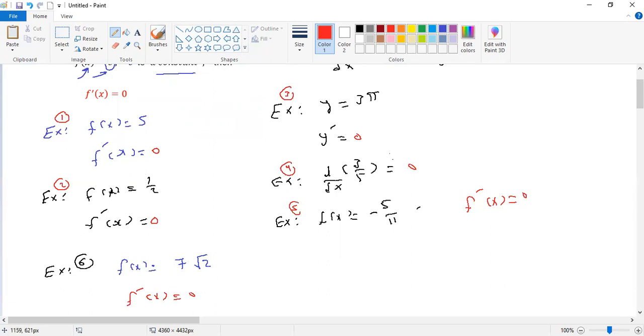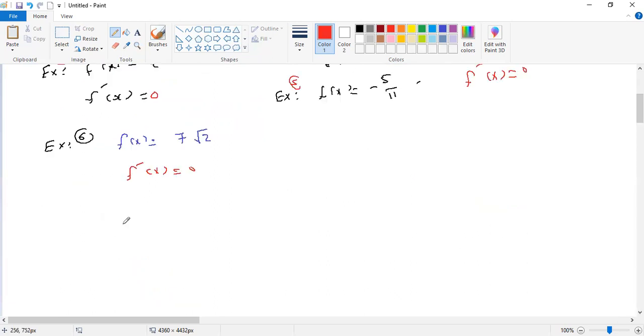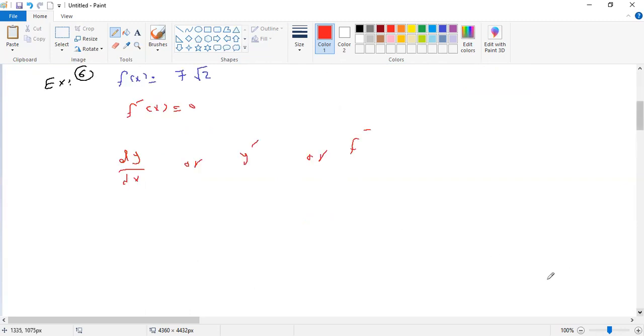So the derivative, students, is written dy/dx, the change of y with respect to x, or we write it y prime, or we write it f prime. So it can be any notation.